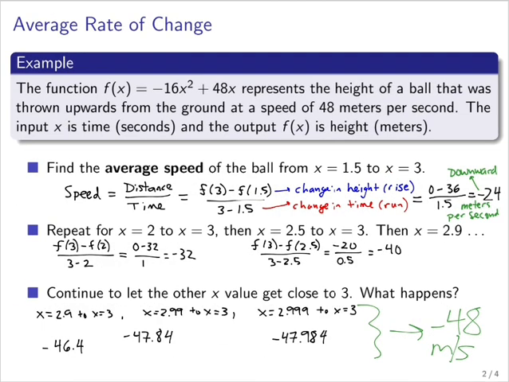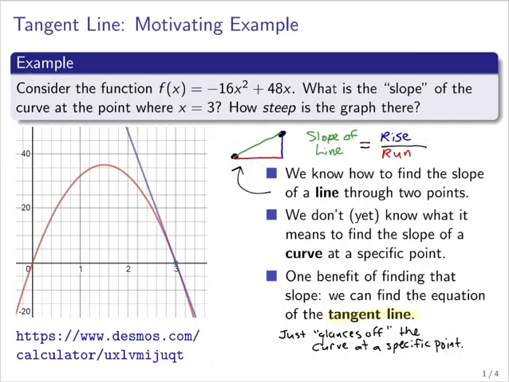Let me jump back to the first slide with the graph on it and say that if I picked a point over here, like x equals 2, and then the point x equals 3, and I drew a line through them, that's the secant line that I'm talking about. We found the slope of that line a few minutes ago, and then we found the slope of the line through 2.5 to 3. And then we made it from 2.9 to 3, and we kept picking the second point to be closer and closer to 3.